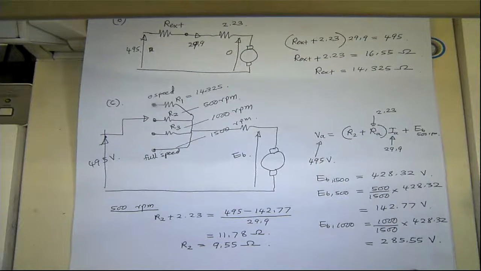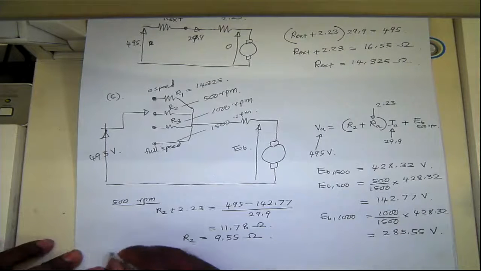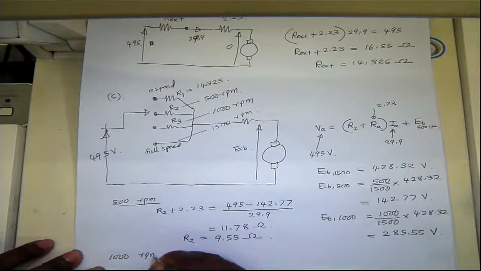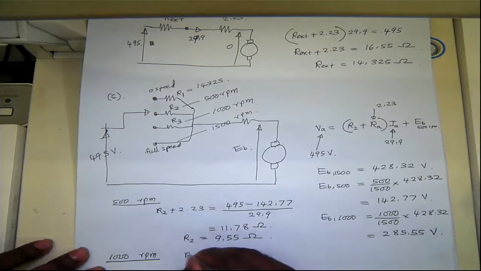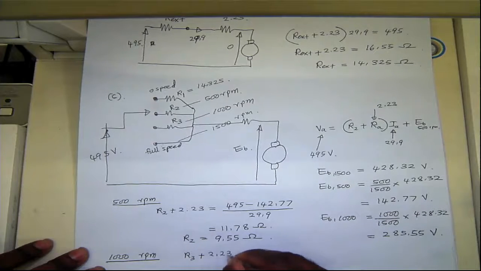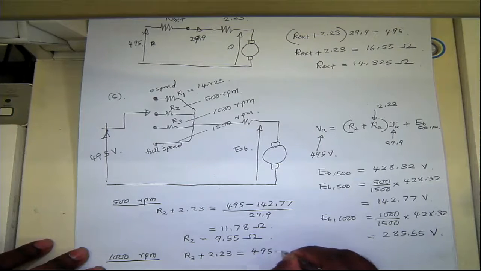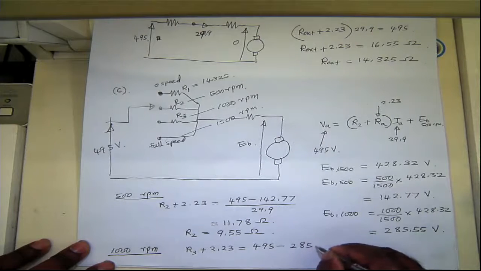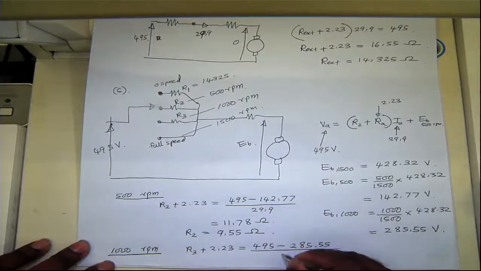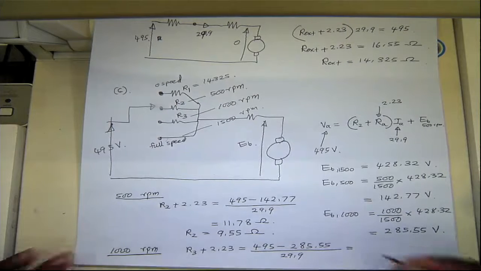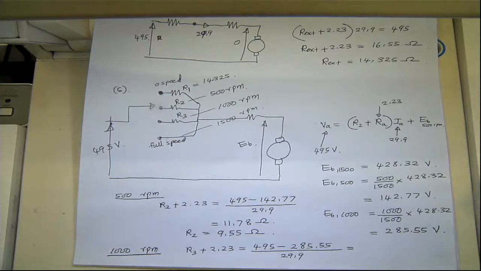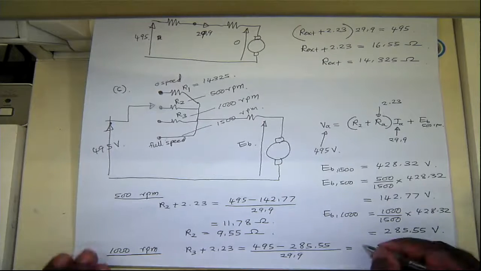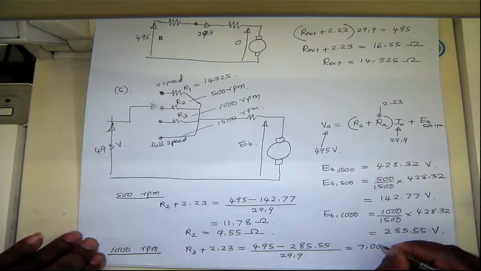And then if you do the same for 1000 RPM, we can write R3 plus 2.23 equals 495 minus this particular voltage, 285.55, divided by 29.9, which is equal to 7.005.